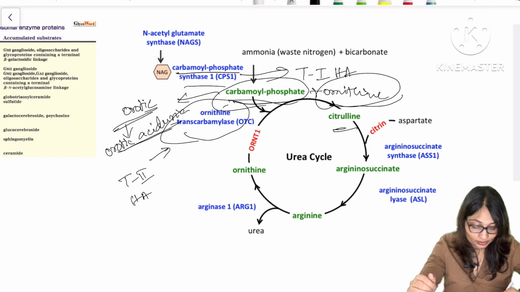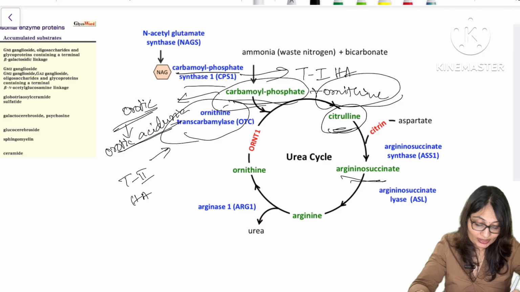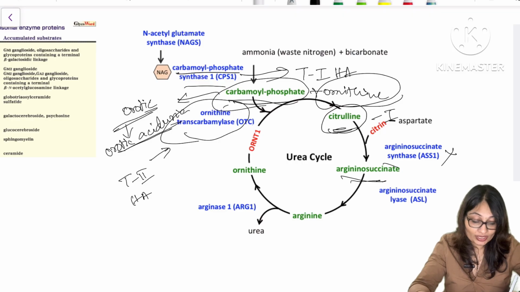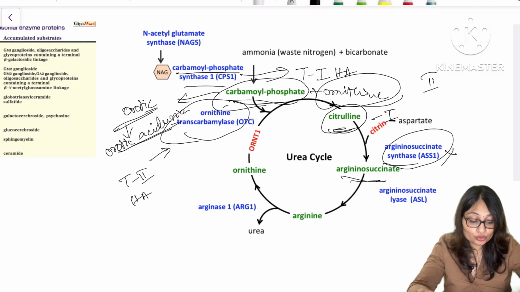Citrulline then gets converted to argininosuccinate by the enzyme argininosuccinate synthetase. If this enzyme is defective, we get citrullinemia type 1. Citrullinemia type 1 is due to ASS defect, and citrullinemia type 2 is due to a defect in the citrin transporter.